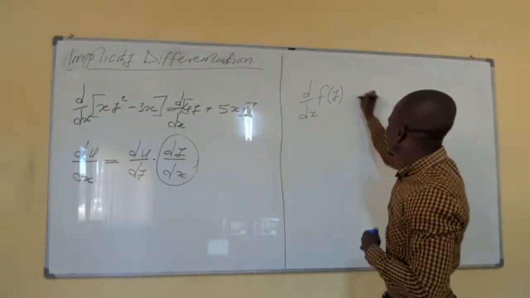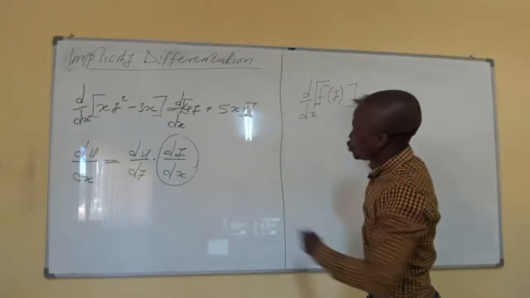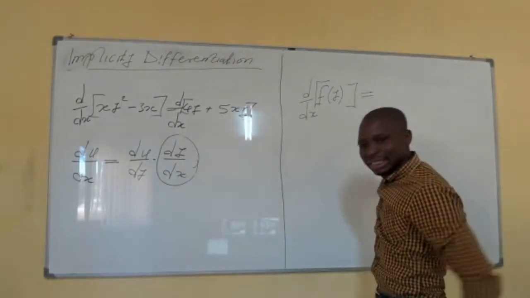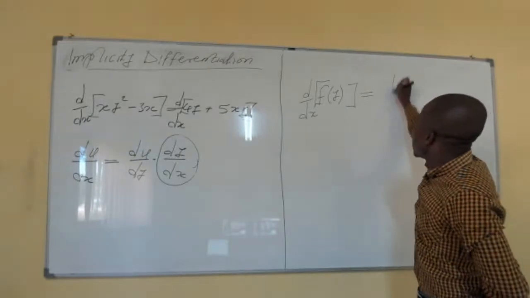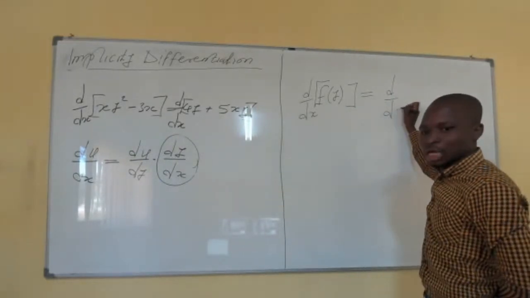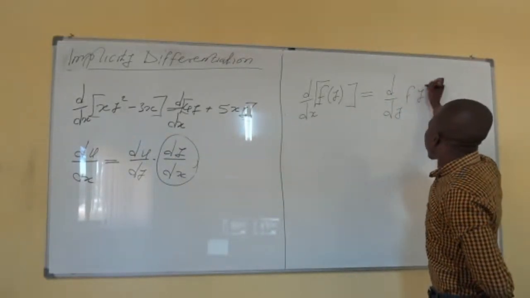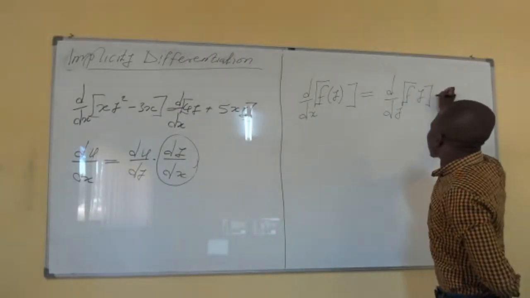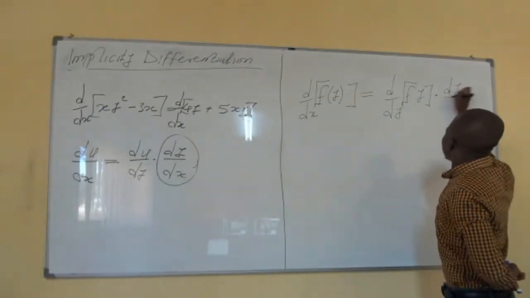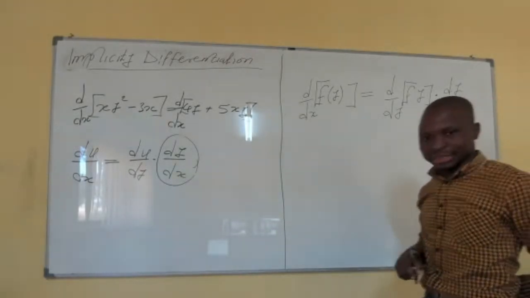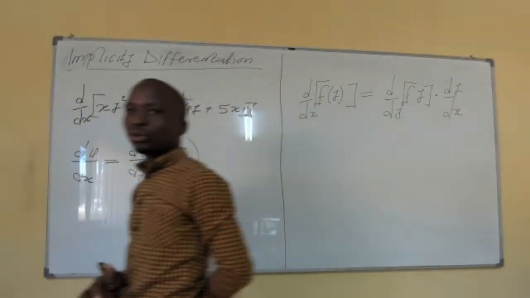When you apply the chain rule we have written here, this is just the same as the derivative with respect to y of f of y multiplied by the derivative of y with respect to x. So this is what you're going to do.